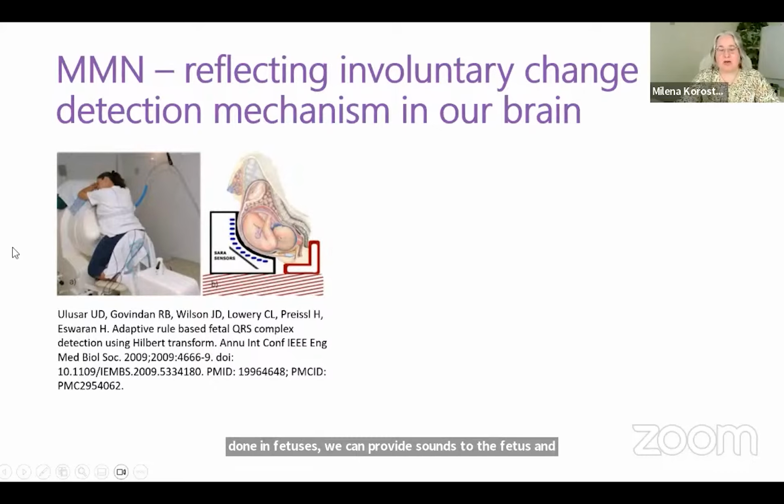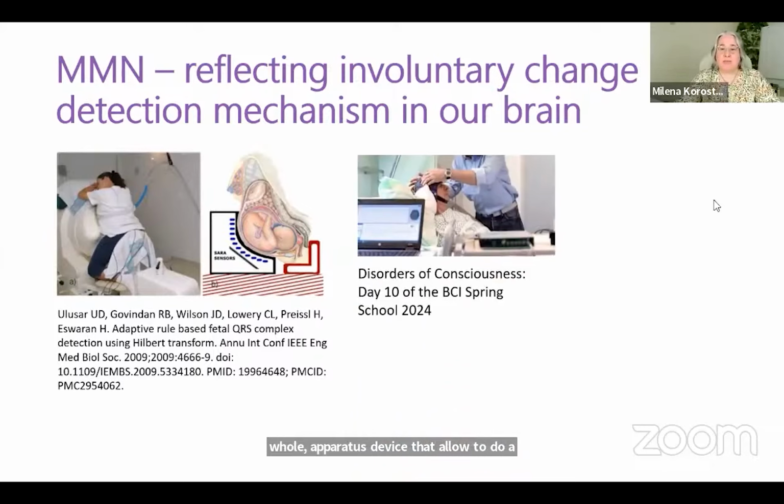There is even a whole MEG apparatus device that allows to do that. And it is used for detecting the state of consciousness in the disorders of consciousness, or helping to evaluate it. And you can look more if you want.